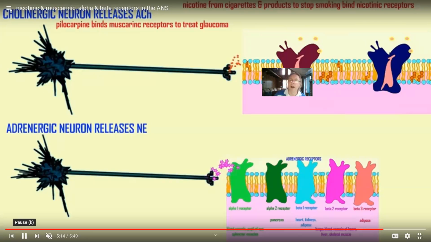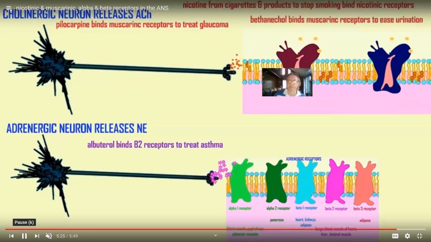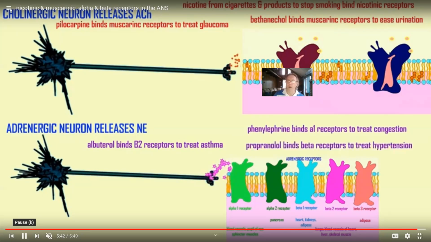If there was only one kind of receptor, that would be bad, because a medication which affects that one receptor would not just affect the heart the way you wanted it to if you have high blood pressure, but would affect the lungs and the urinary system, the reproductive system and the digestive system, etc. But because there are all of these different kinds of receptors found in different organs, one medication could affect one receptor without affecting all of them.